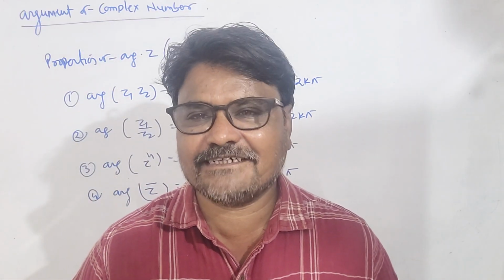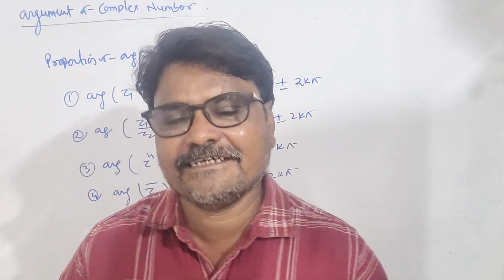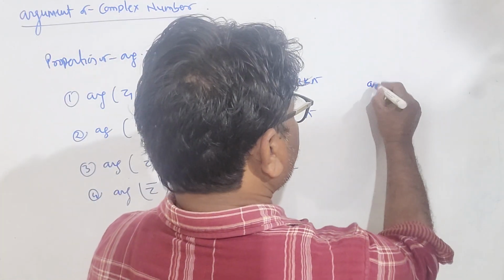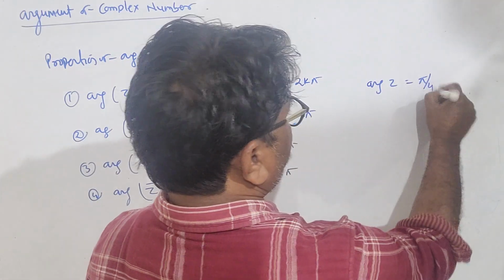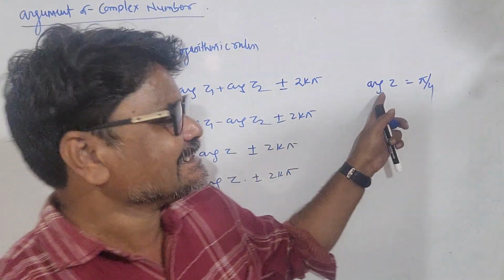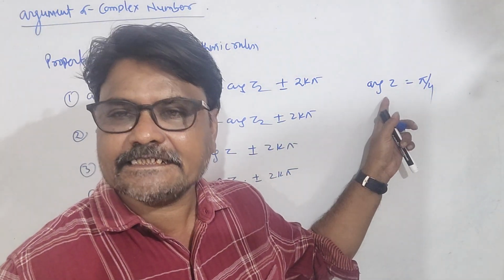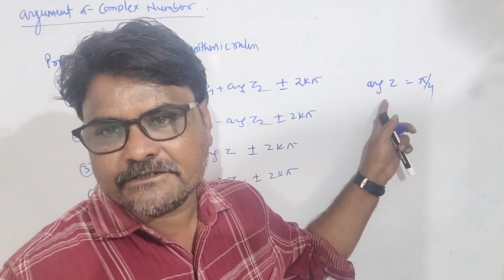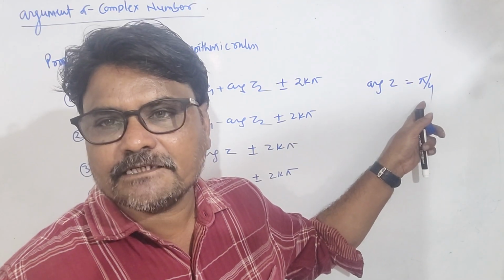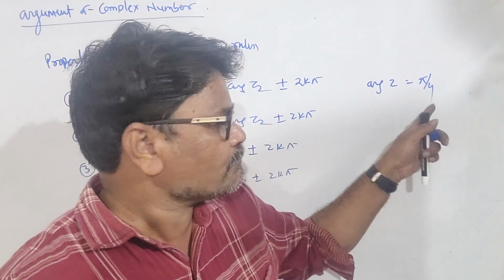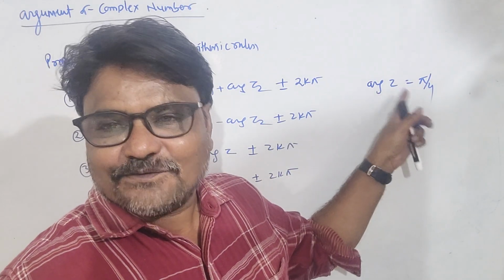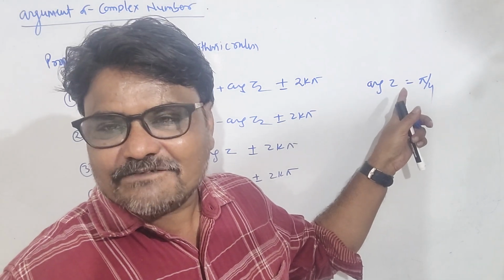This is one kind of locus, a ray initiated from the origin. Suppose argument of Z is pi by 4, that means it represents a ray initiated from the origin, origin not included, whose argument is pi by 4. This is the principal value as well, but it is not the only locus.